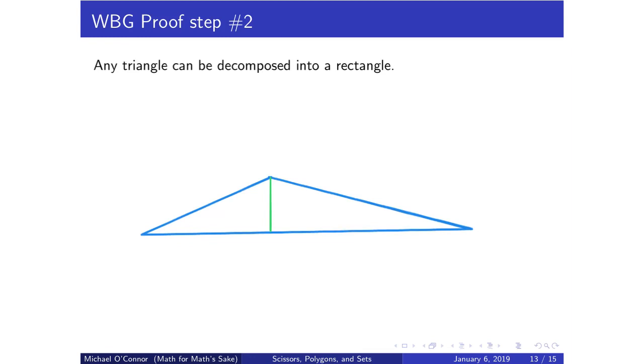And then bisect this line. And then you can kind of hinge this piece down here and hinge this piece down here and form a rectangle.